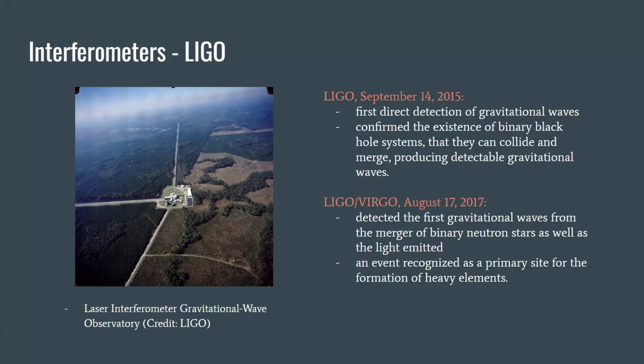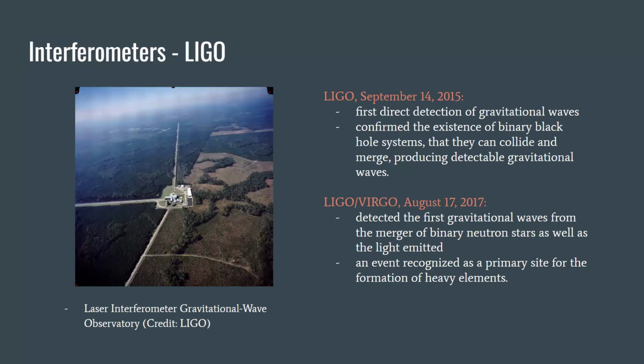For example, on September 14, 2015, we made the first direct detection of gravitational waves. And we also confirmed the existence of binary black hole systems, which were only theorized before this. We also observed that they can collide and merge, and that's how they produce the gravitational waves that we detected.